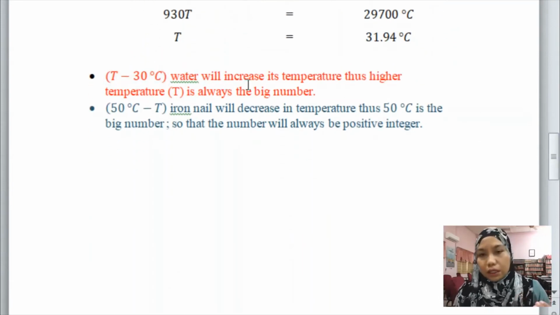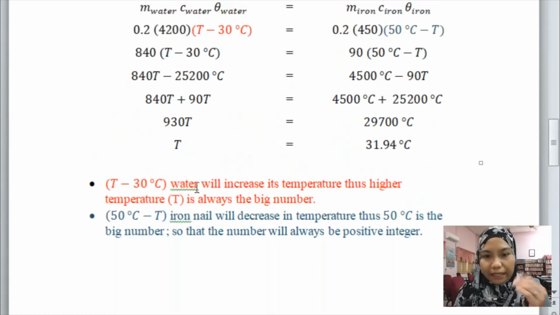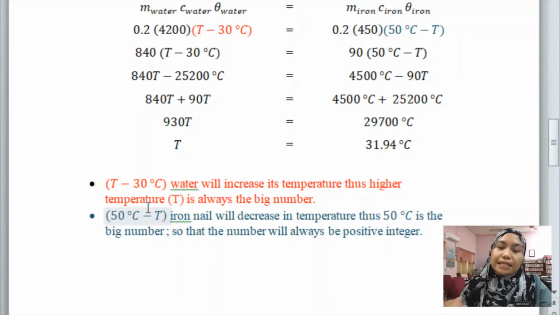The water at 30 degrees Celsius will increase its temperature, since 30 degrees Celsius is smaller than the final temperature. It means the final temperature will be higher than the temperature of the water, since the iron nail has a higher temperature. This is our first assumption.